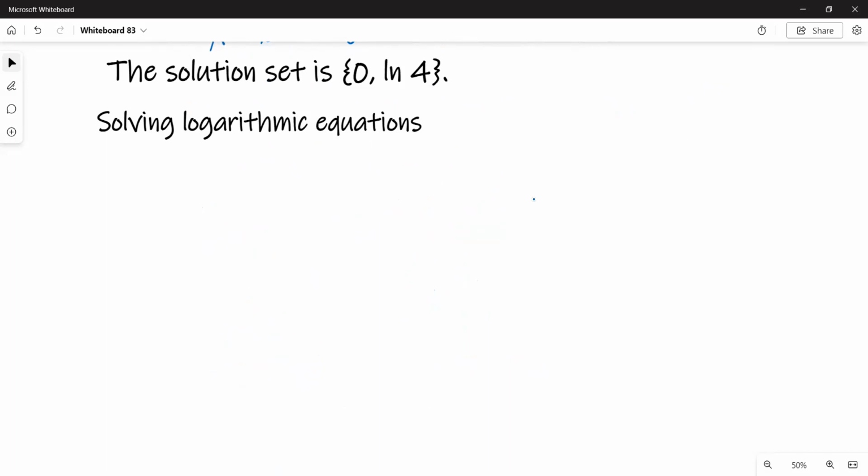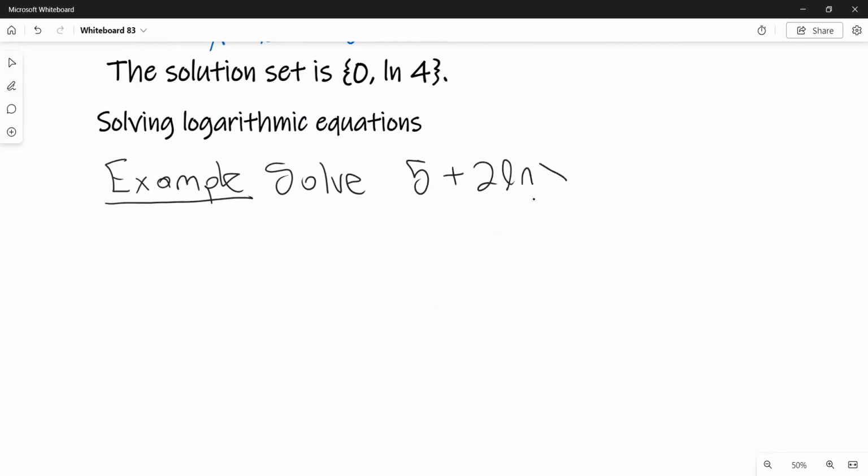Let's start by solving 5 plus 2 natural logarithm of x equal 4. So we're going to give exact values.